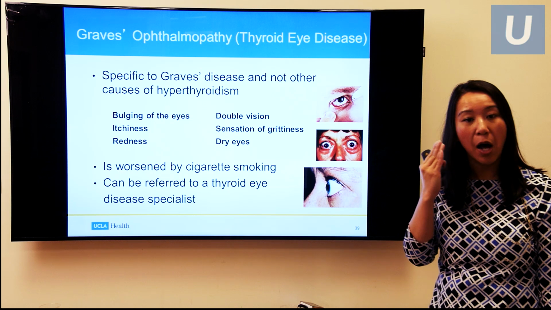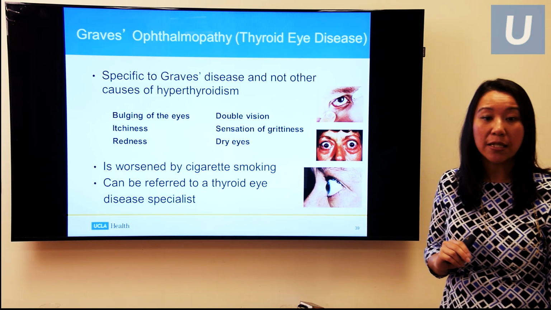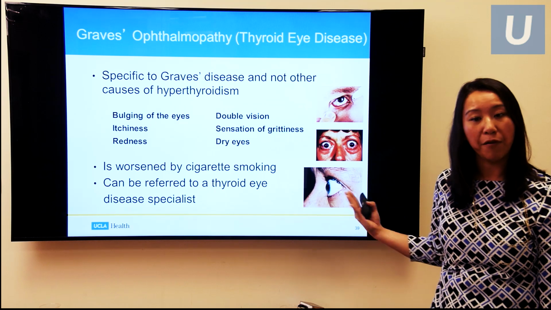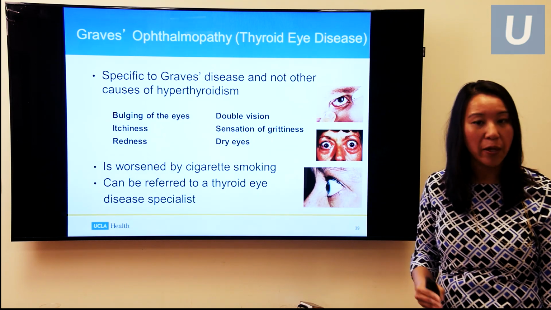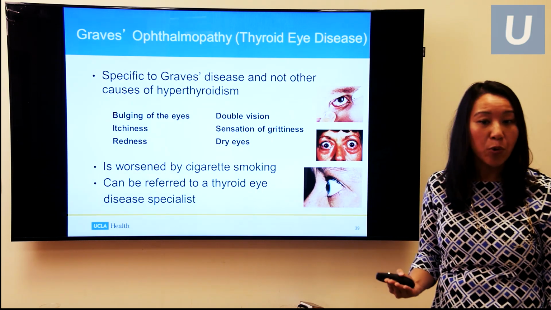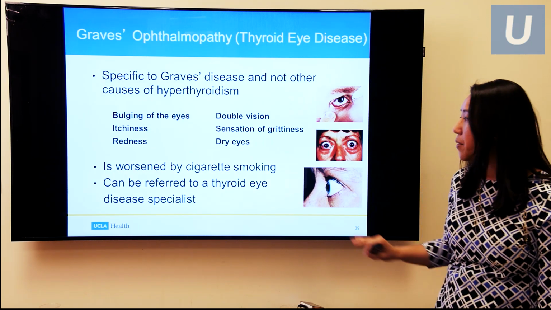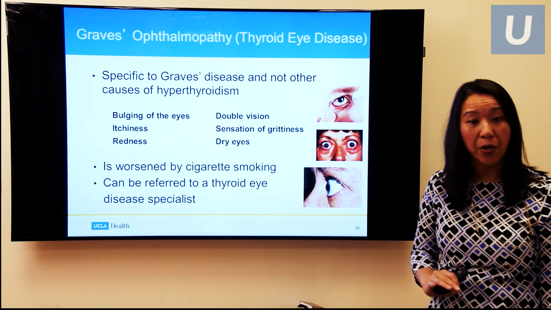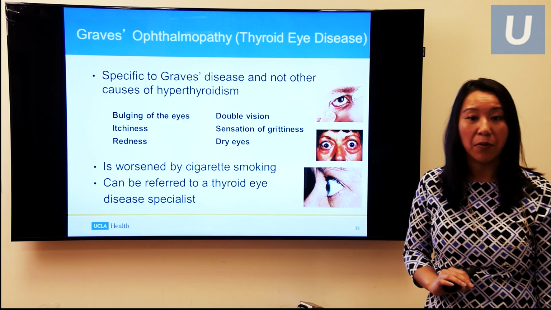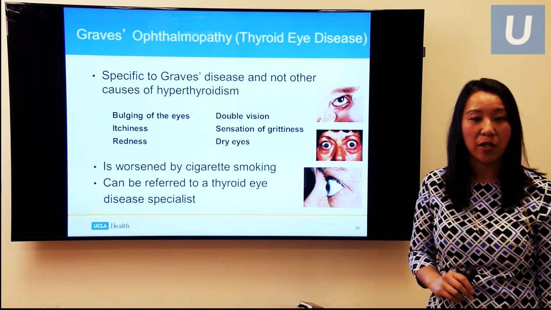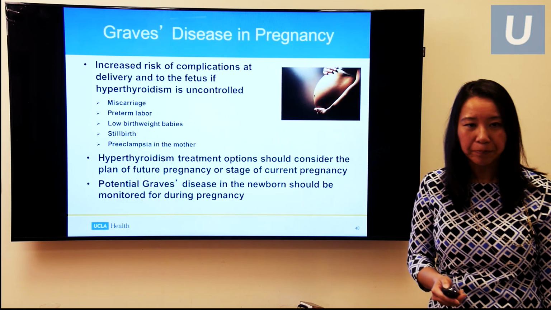Interestingly, thyroid eye disease is actually worsened by cigarette smoking. So oftentimes, if we find that Graves' disease is present in you, we counsel you to either quit smoking or at least decrease the amount of cigarettes used. And for folks with very severe or even moderate thyroid eye disease, we can easily refer you to our colleagues who specialize in thyroid eye disease.